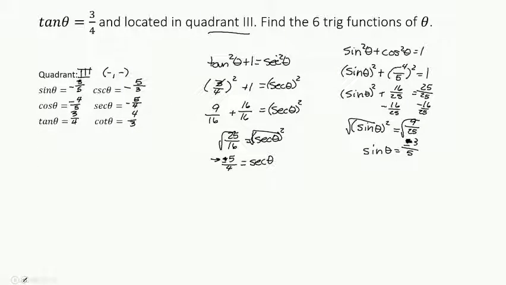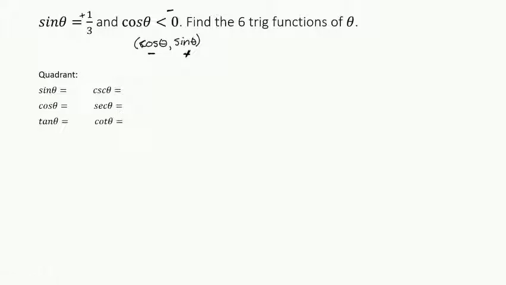So let's go back over. So we are going to be in quadrant 2. And with that, we already know our sine value, which is going to be 1/3. So therefore we know our cosecant too, which is going to be 3. And these are both going to be positive because it gives it to us positive, and we're in the second quadrant.